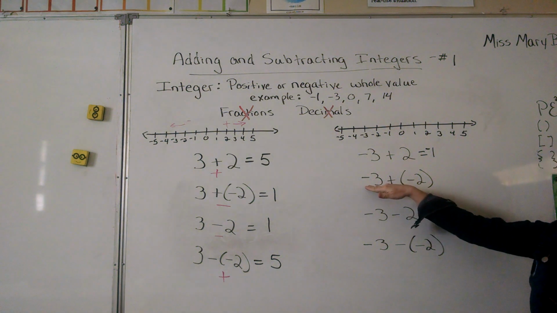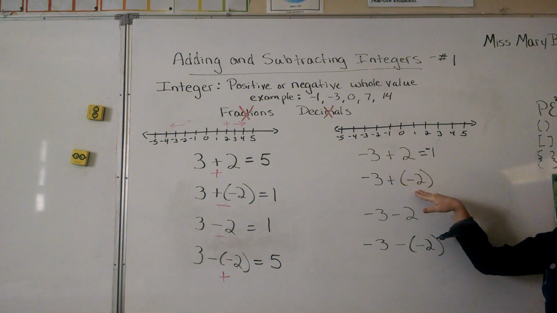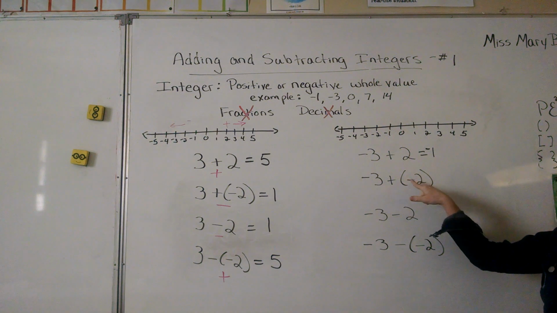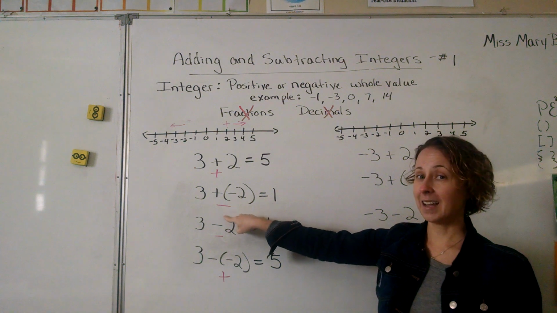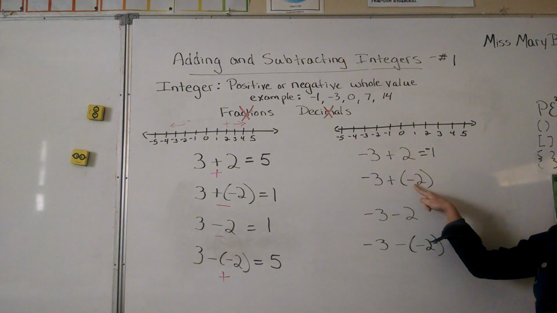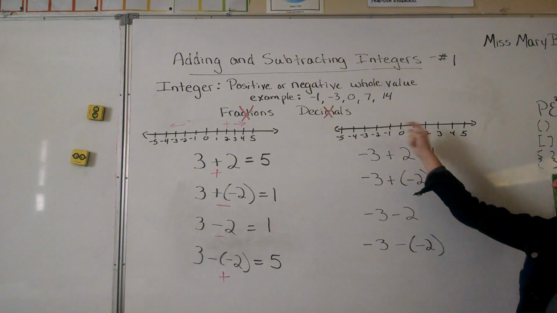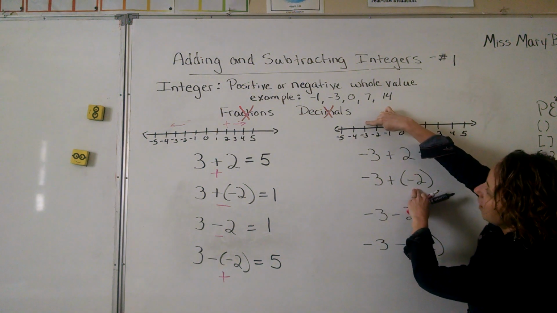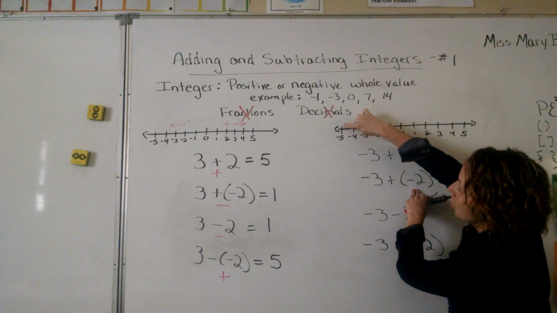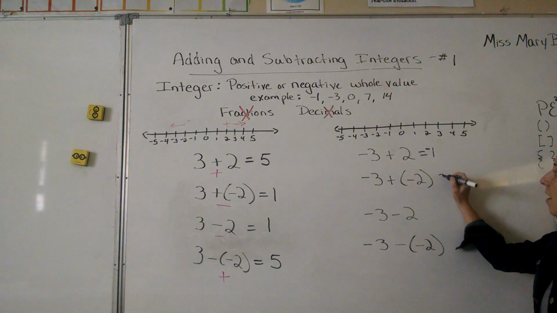What about here? I have negative 3, and I'm adding negative 2. Adding a negative, adding something negative means we're moving in a negative direction. Start at negative 3, move in a negative direction, 2 more. 1, 2, I end up at negative 5.